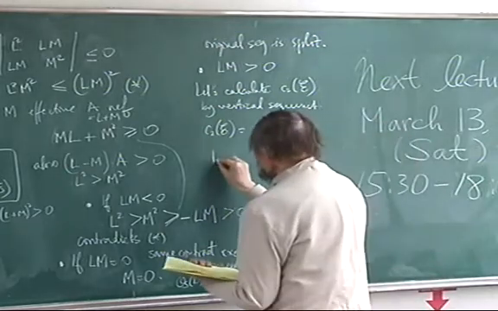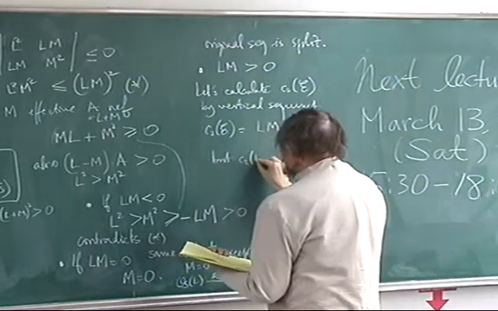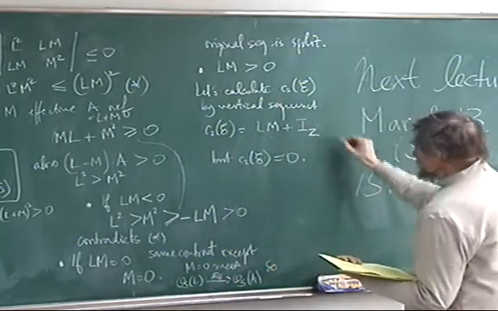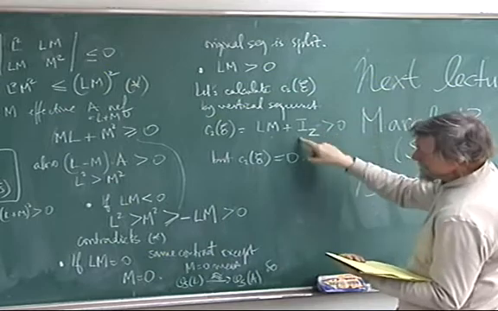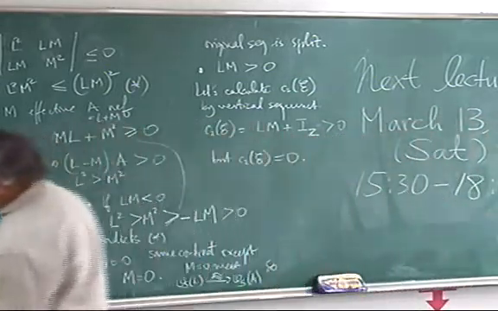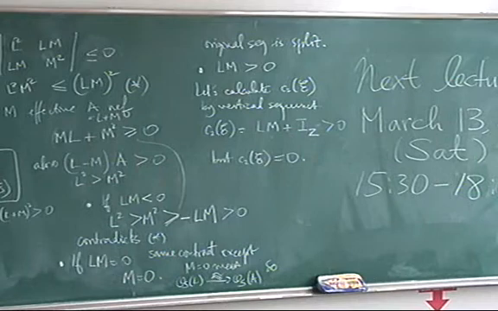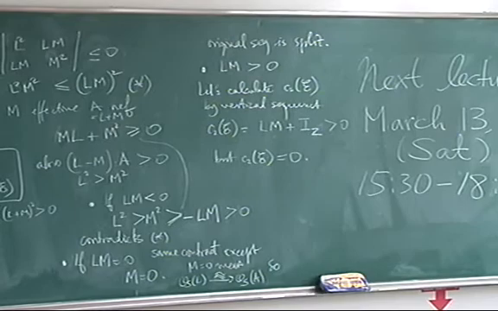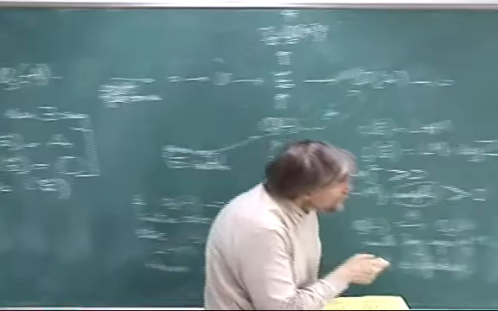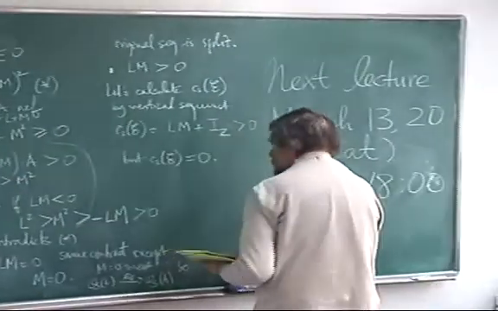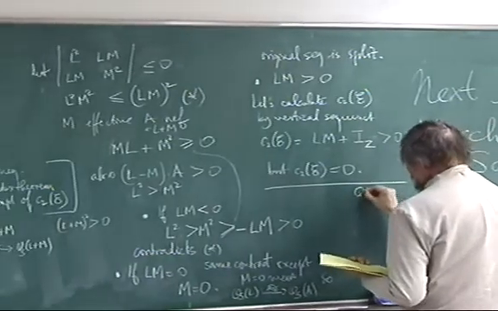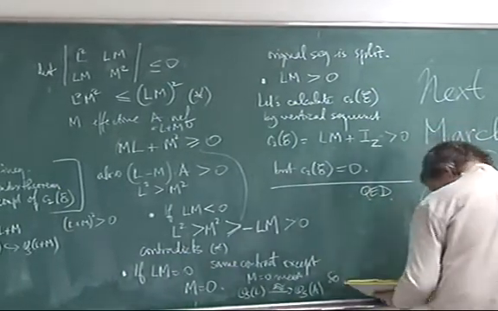But C2 of E is 0. So this one's greater than 0, and this one's equal to 0. So that's the proof of this result.